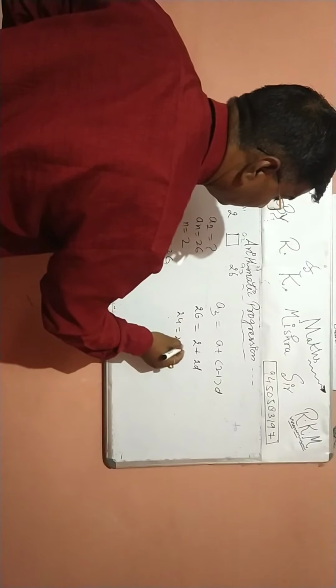So you can find A2: A plus 1D, 2 plus 1 into 12, 2 plus 12, that is 14. So A2 is equal to 14. In this way you can find all these.